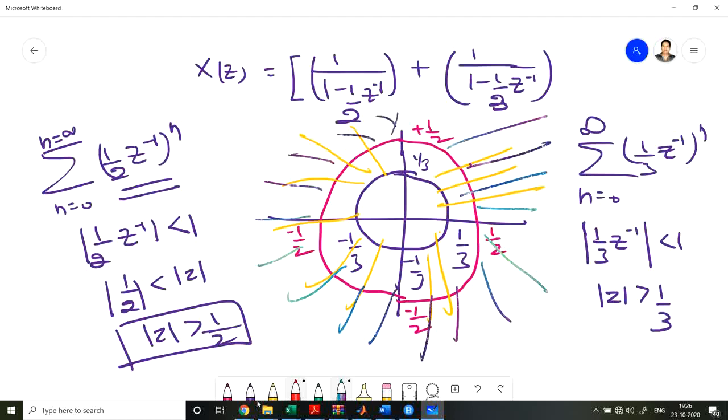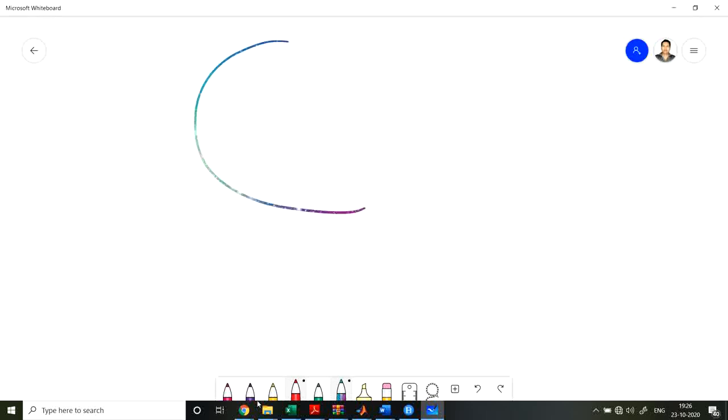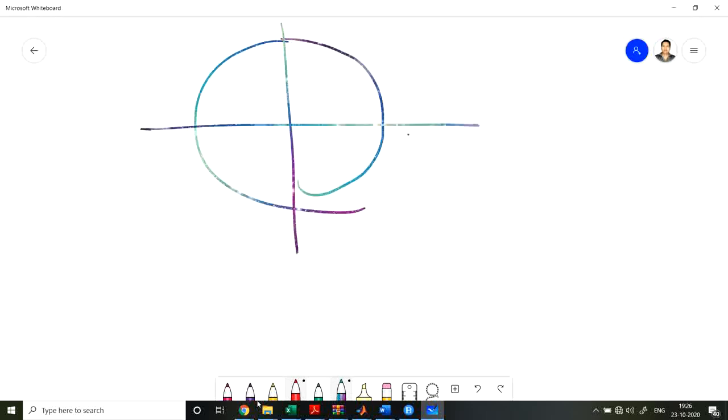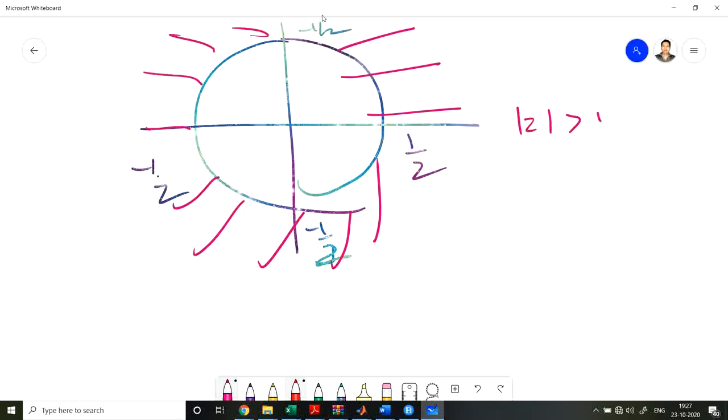Now we plot the common ROC, with points at 1/2, minus 1/2, minus 1/3. So the common ROC is |z| greater than 1/2.